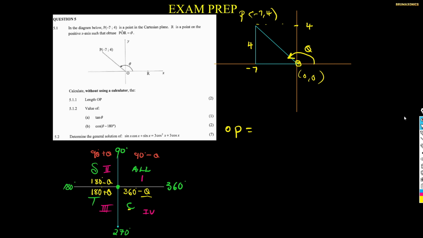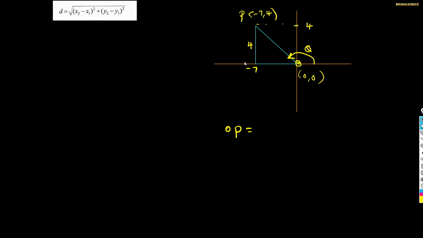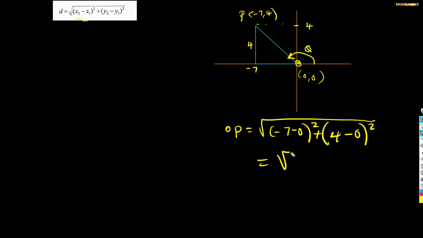And remember that you'll be given the formula, right? So with that formula, we can come down here and say OP will give us: x2 minus x1, that will be negative 7 minus 0 squared, plus 4 minus 0 squared, which equals 7 squared plus 4 squared.